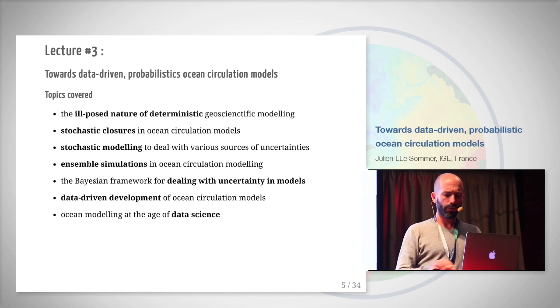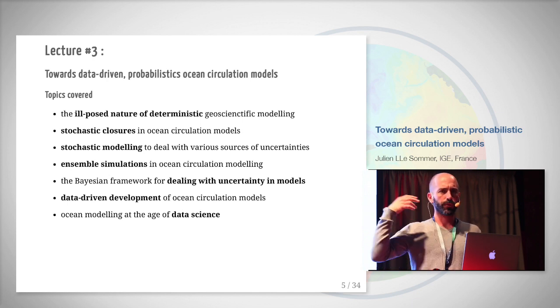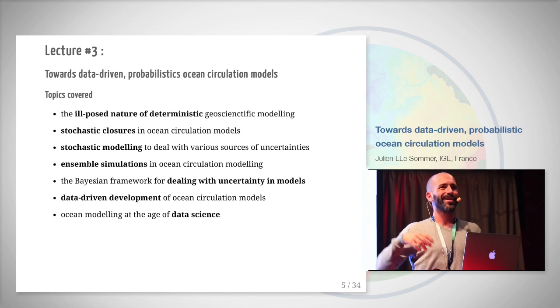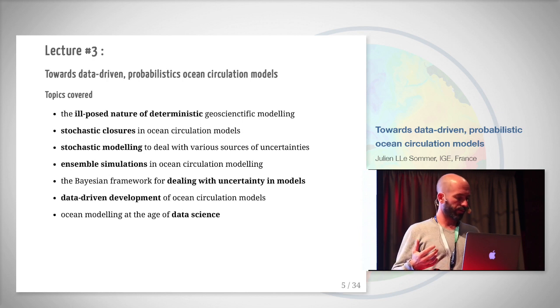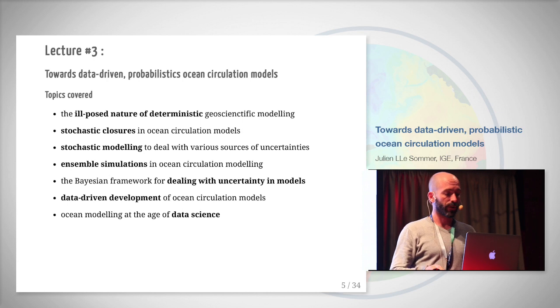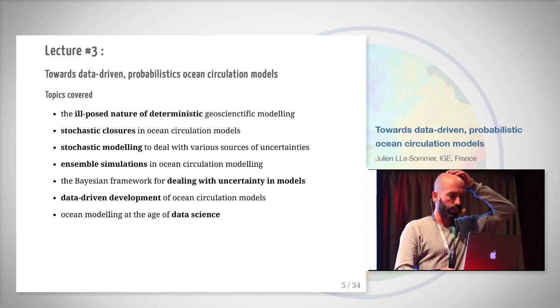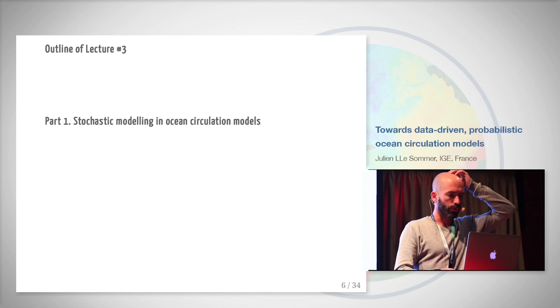And this overall advocates for the idea that we're gradually switching from considering ocean circulation models as deterministic models to thinking that we're dealing with engines that allow us to estimate the probability of states given some observations and some uncertainties. And I'll briefly let you know a couple of remarks regarding what we could get from data science in ocean modeling.